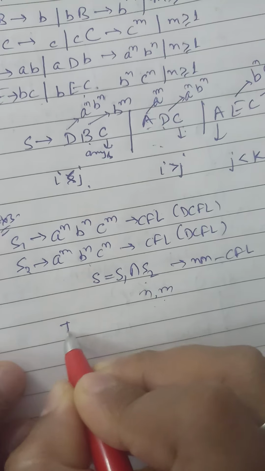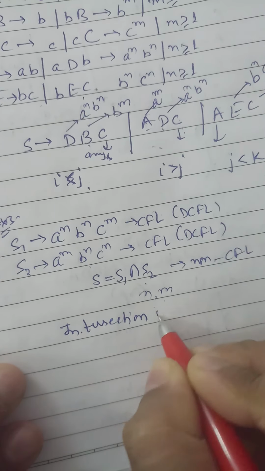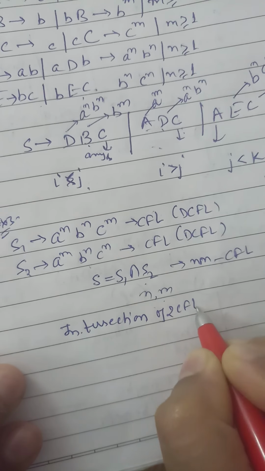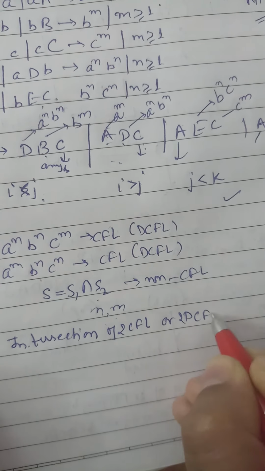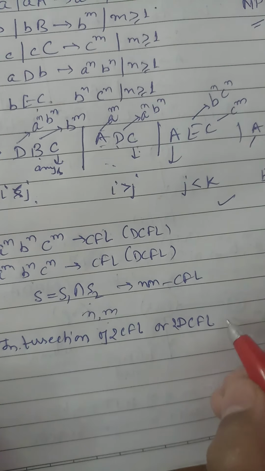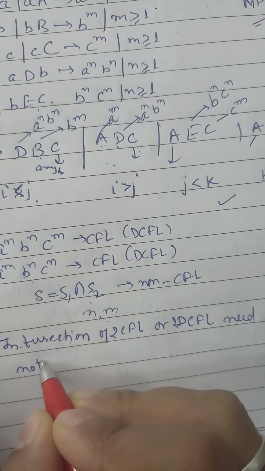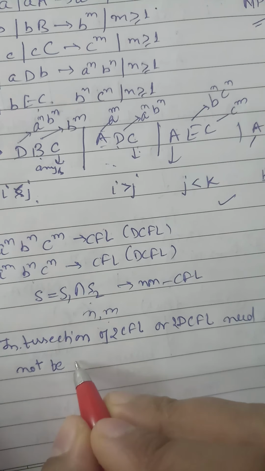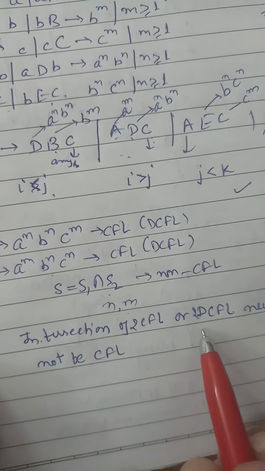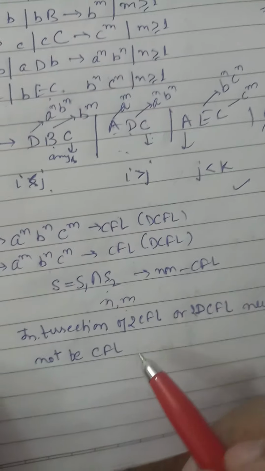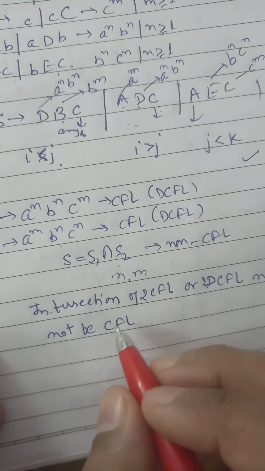So we can say intersection of 2 CFL or 2 DCFL need not be CFL.